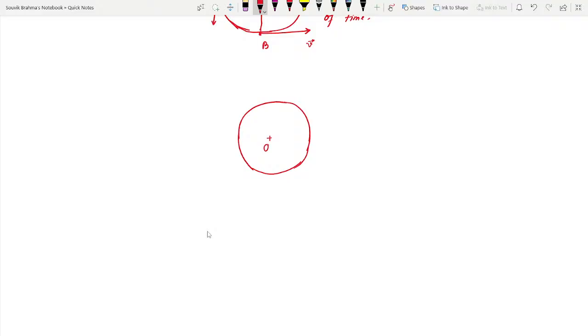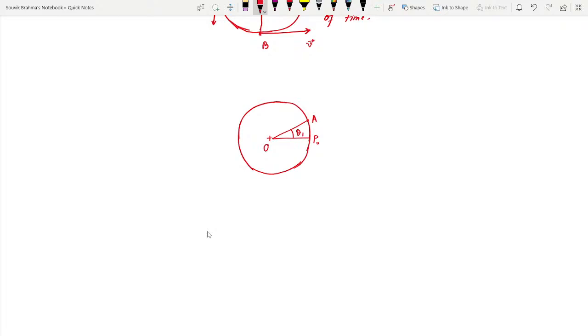Now suppose the circle has an initial position, this P naught, and a position on this path, like A, which makes an angle with the x-axis. Maybe it is theta 1. This angle is theta 1.